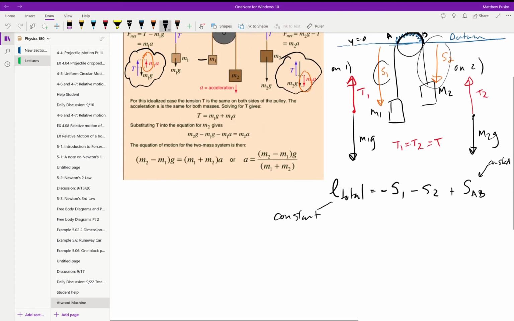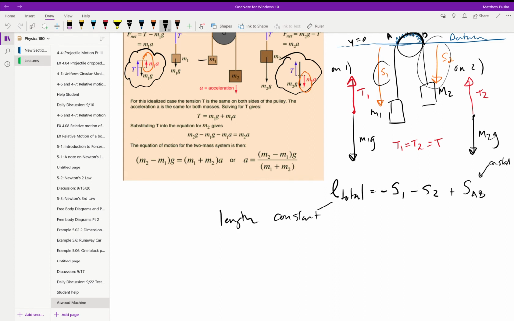Now the trick comes by using the fact that the length is constant, by taking the derivative of this with respect to time. When I take the derivative of a constant, which this is constant and this is constant, I get a 0. But for the position S1, that turns into a minus V1.